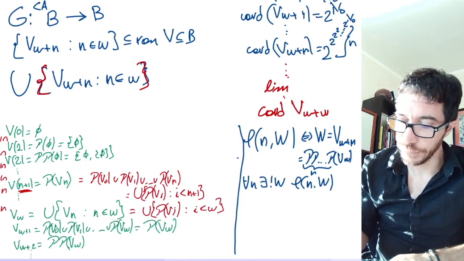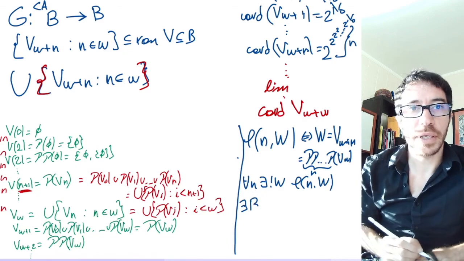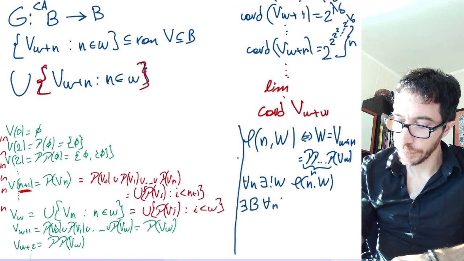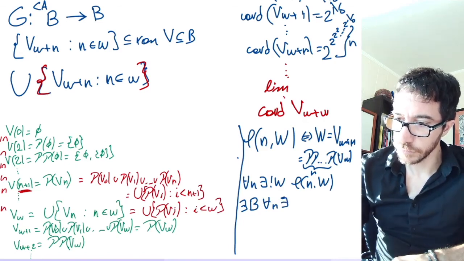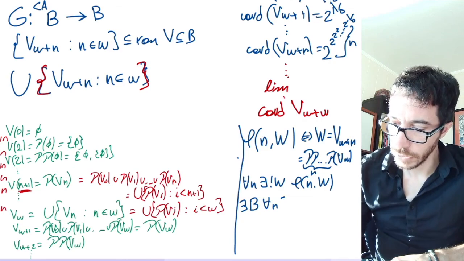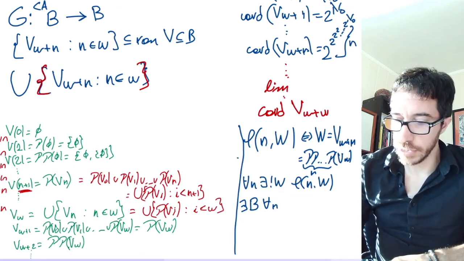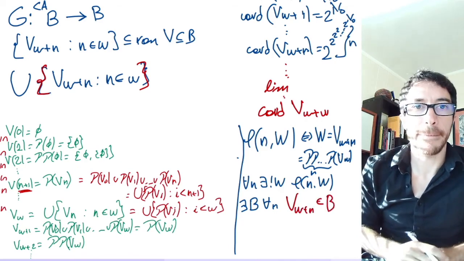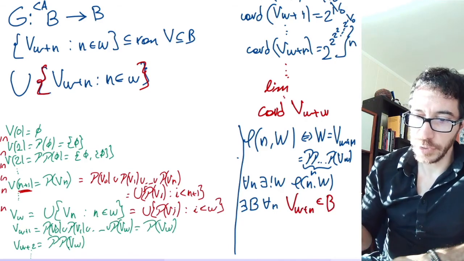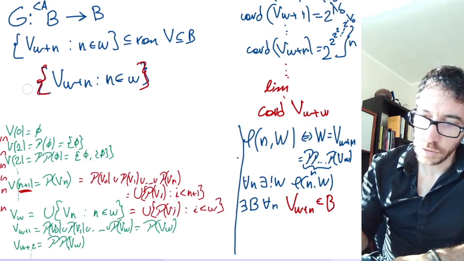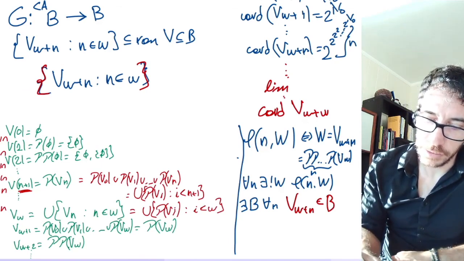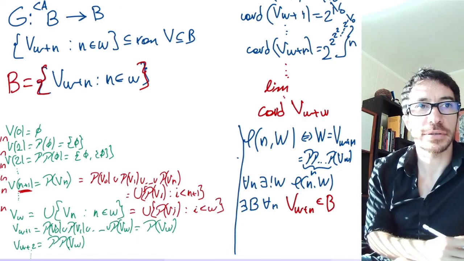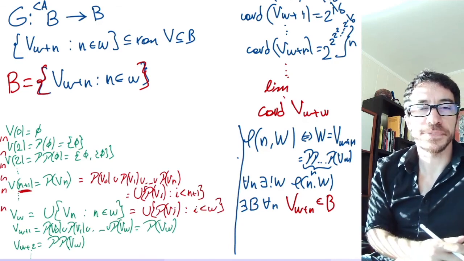So by replacement, there exists a set B such that for every n, the set V omega plus n, which is the image, belongs to B. Alright, so essentially replacement gives us this set of all these guys.